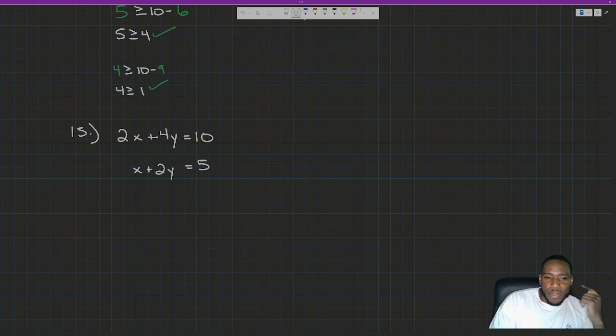So if you're paying particularly close attention to these two equations, what you should notice, hopefully, is that they are pretty similar. It's just that the bottom one is the top one divided by 2.